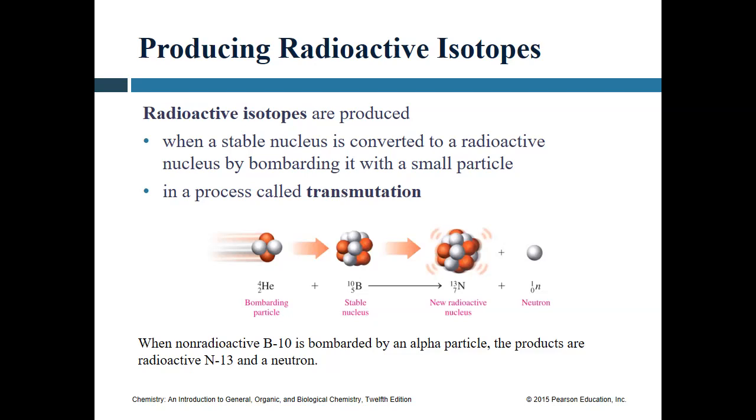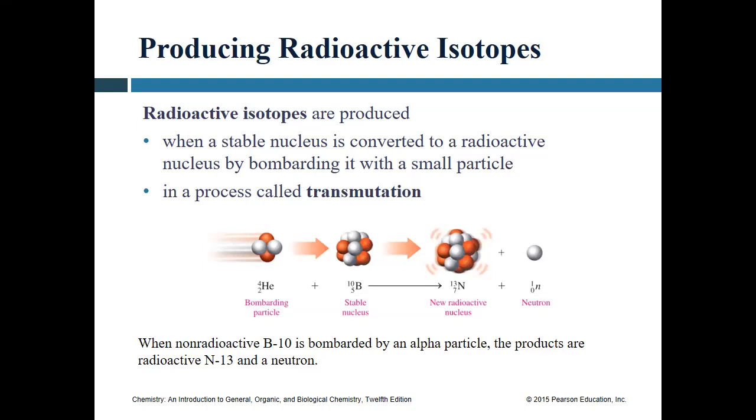This is also the process that we used, or not we, I won't put myself in this mix because I had nothing to do with it and don't really understand it fully. But if you look at a lot of the heavy elements, all those ones on the bottom row of the periodic table, the ones that don't even try to have stable nuclei, all of those were created synthetically.